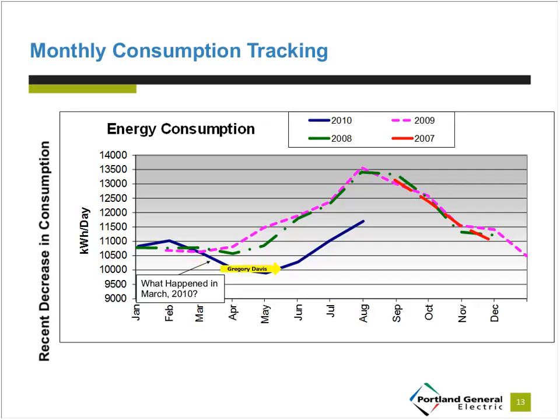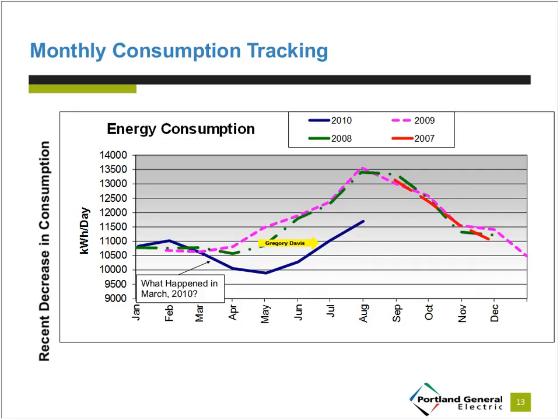When it started to ramp up for the summer, it did ramp up, but it was much less of a ramp, or they're just using much less energy. In fact, they're using approximately 2,000 kilowatt hours per day less because of this.